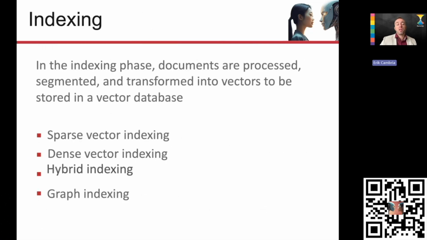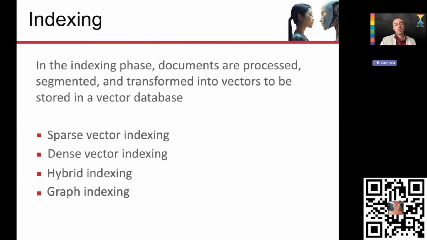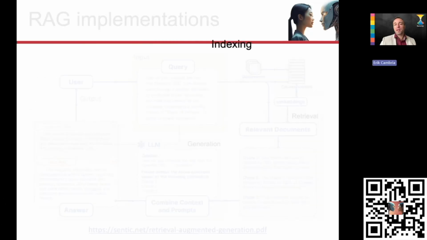Then we have data where we are dealing with graphs. In that case, we need something different, something similar to what we just talked about in the first half of this lecture, PageRank or HITS, to take into account the authority of each node in the graph. So that does it for indexing.